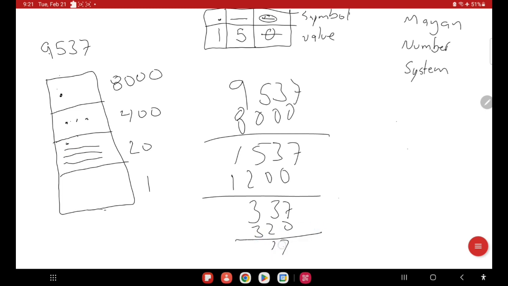The remainder is 17. And our last one here is 1. 1 goes into 17 times. We're going to do the same thing. 5, 10, 15, 16, 17. And that's how you would write 9,537 in the Mayan number system.